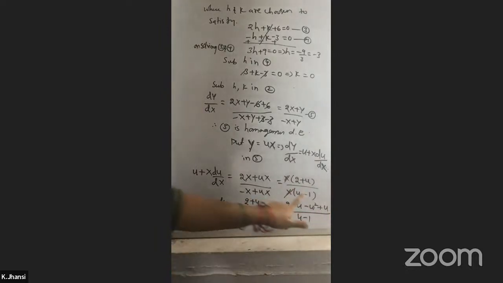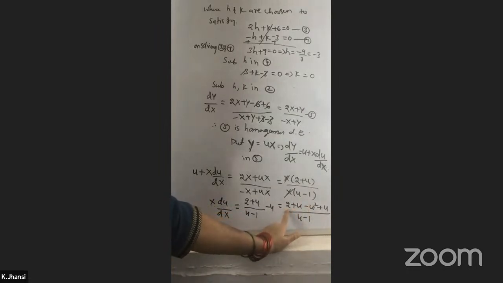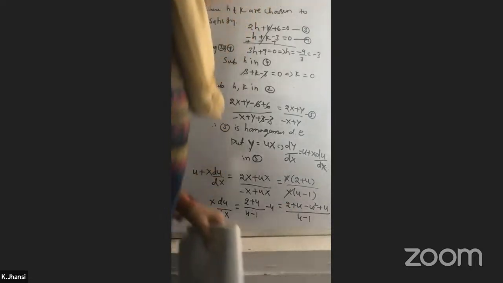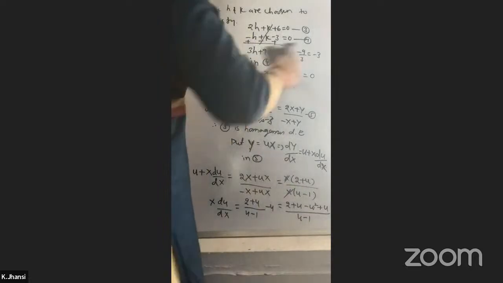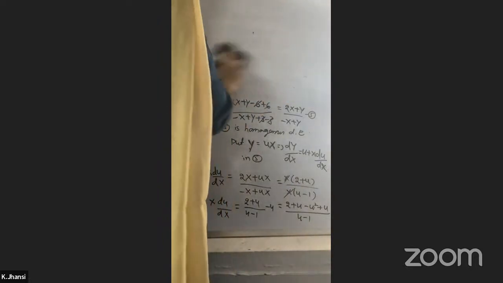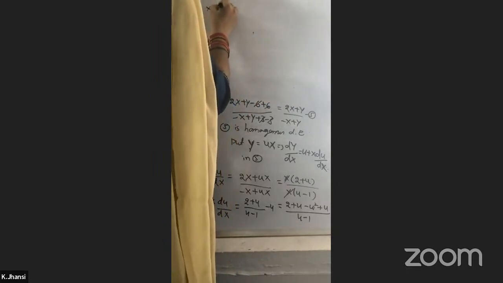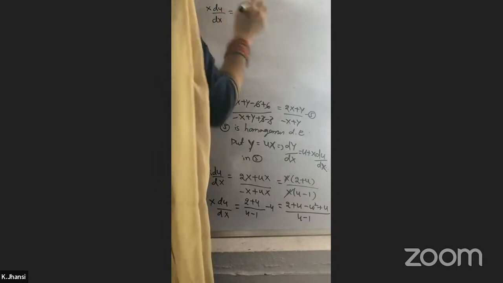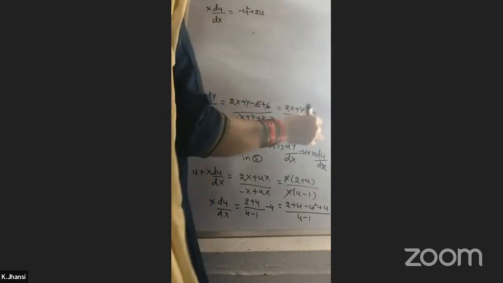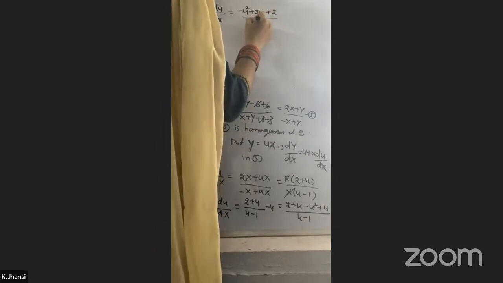Now it is enough. When you take out, this is minus u square plus 2u plus 2 divided by u minus 1. So x into du by dx is equals to minus u square plus 2u plus 2 by u minus 1.